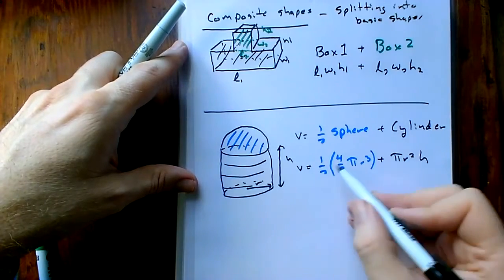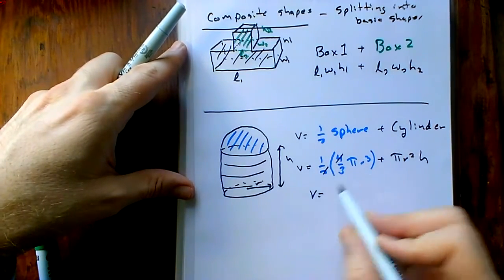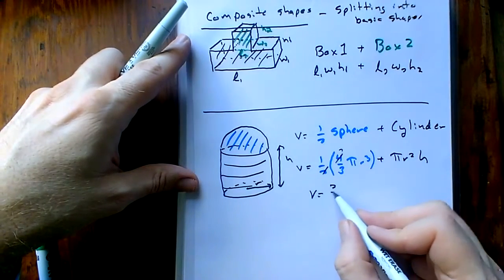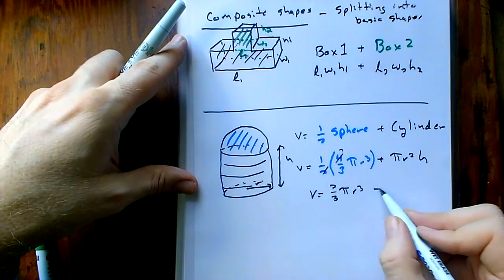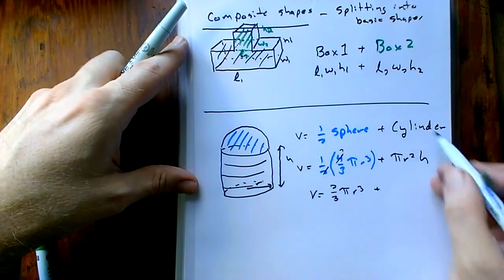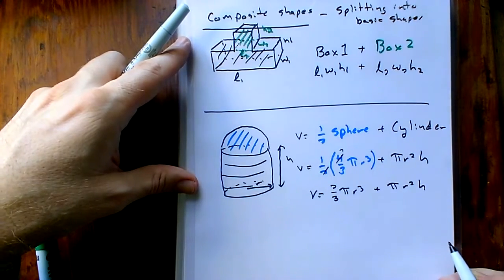That's my volume. And here I can actually reduce things a little bit. So my volume for a shape like this is going to end up being 2/3 times pi r cubed, and so this would be the hemisphere. And then the cylinder would still just be pi times r squared times h.